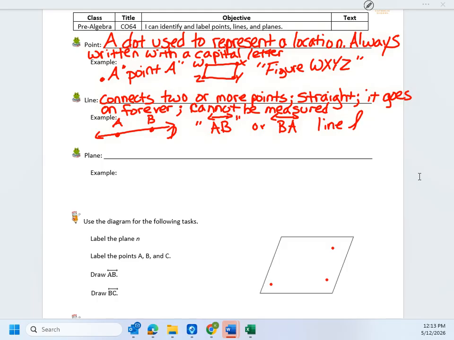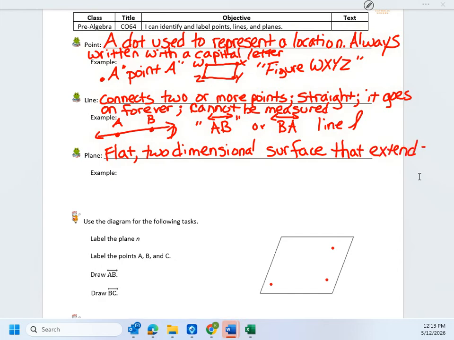A plane is a flat, two-dimensional surface that extends indefinitely.